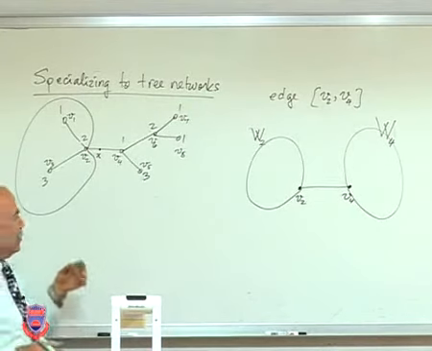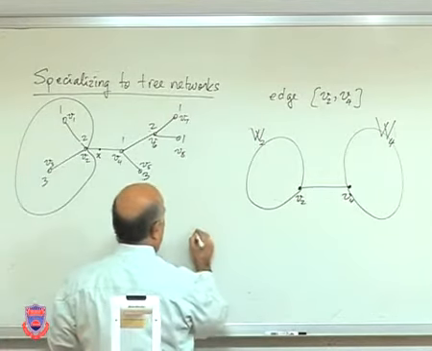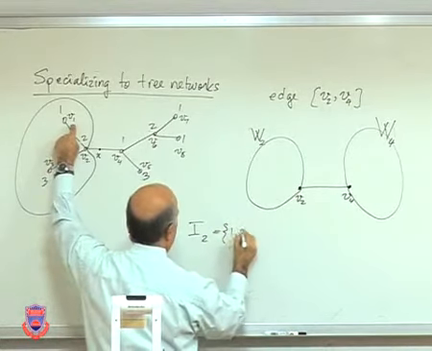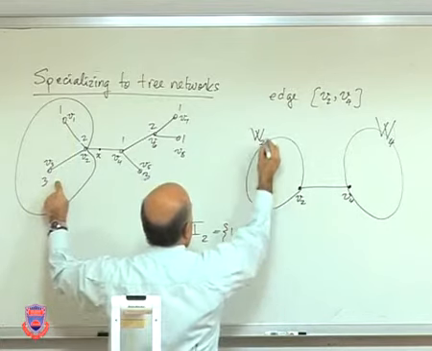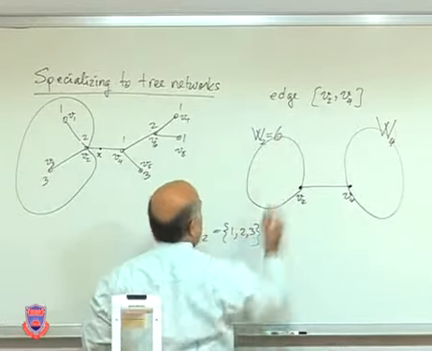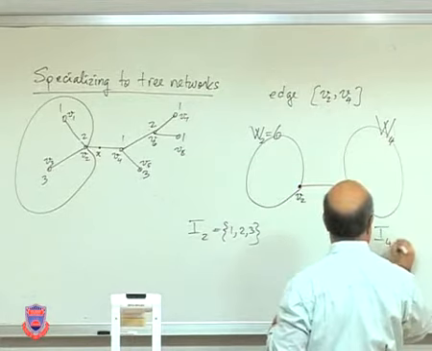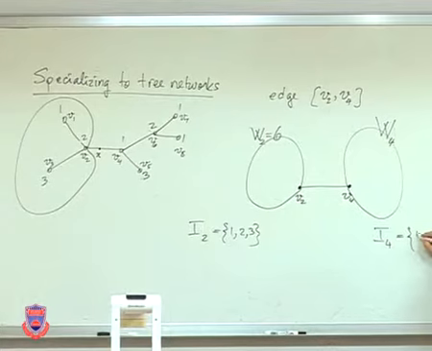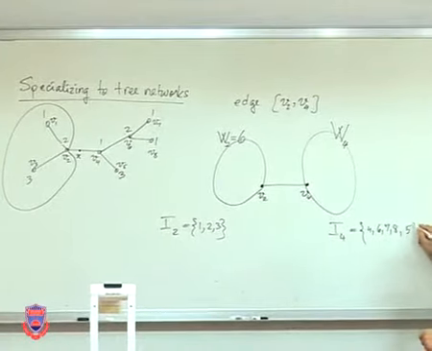It doesn't change. All right, so in this case, my set I2 consists of vertices 1, 2, and 3, which means that my total weight is how much? 1, 3, 6. It's 6. What about this guy? It consists of vertex indices 4, 6, 7, 8, and 5.